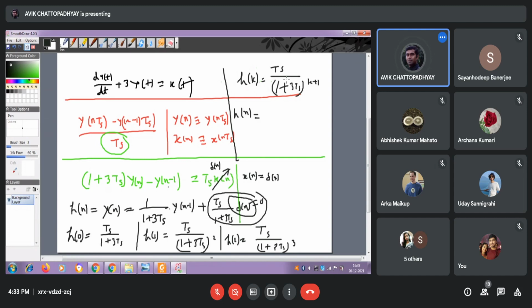So h[n], these are in general the individual terms, but this is not a signal. This is just the individual terms. So in general, I have to write it in the form of a signal. How to write it?